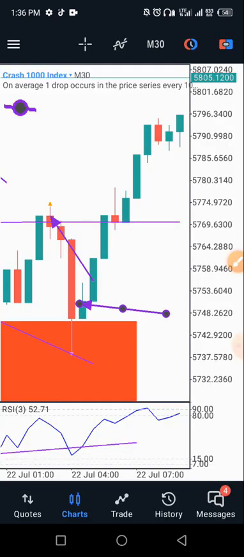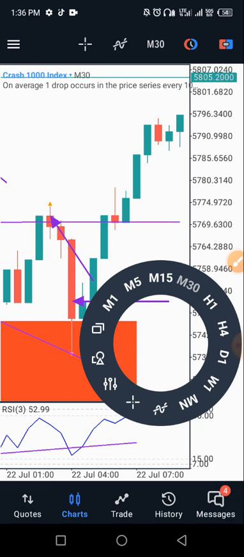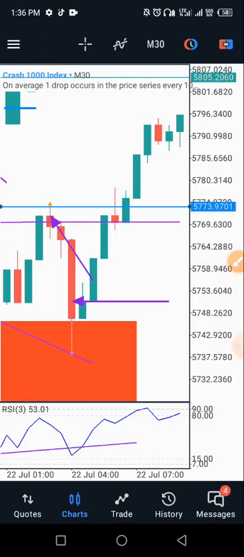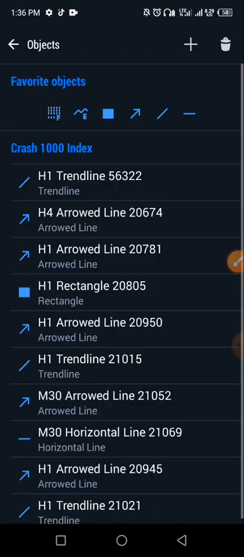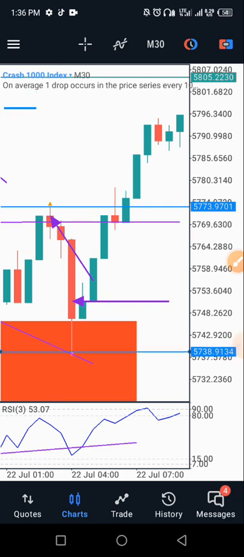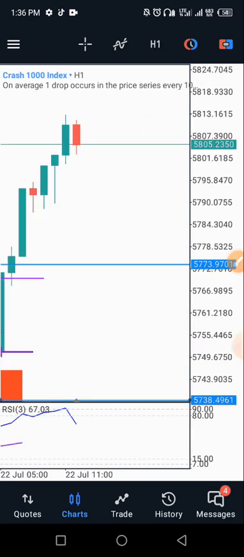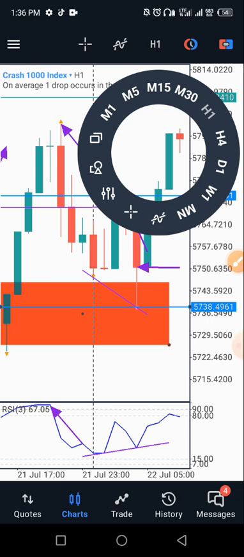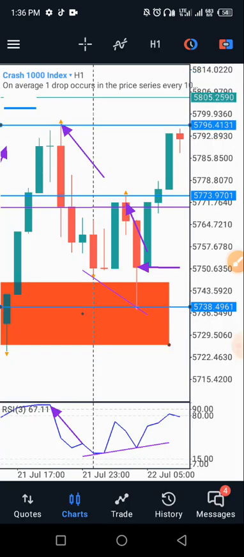Once this candle forms, you can enter at the opening of the next candle. You enter here, and put your first take profit at this high here, and your stop loss will be here. If you are entering for multiple positions, then your second take profit will be here, guys.